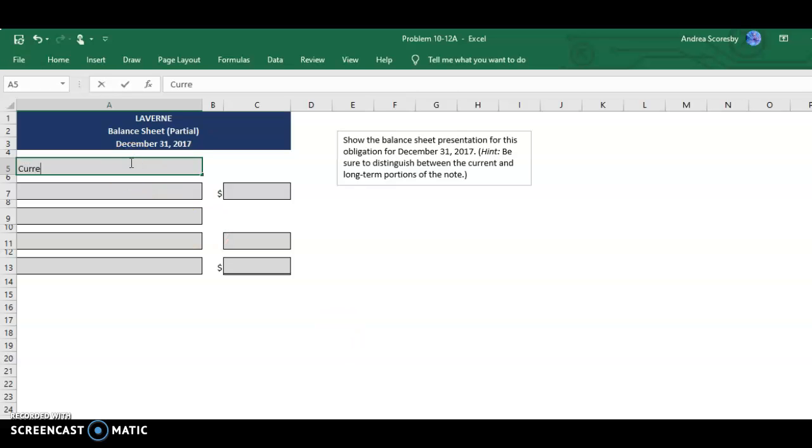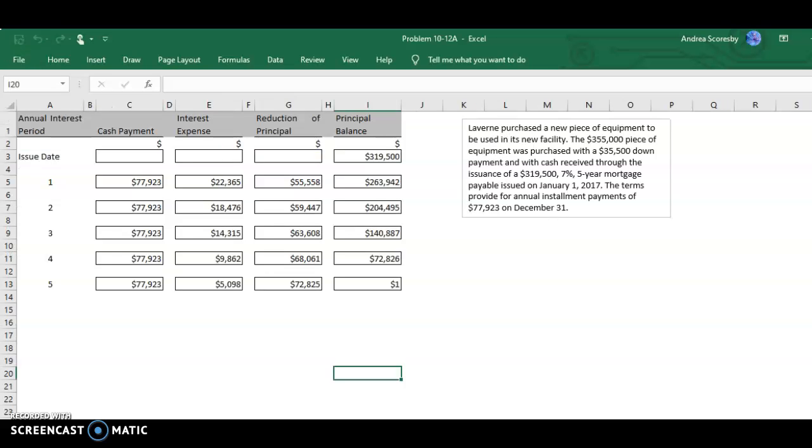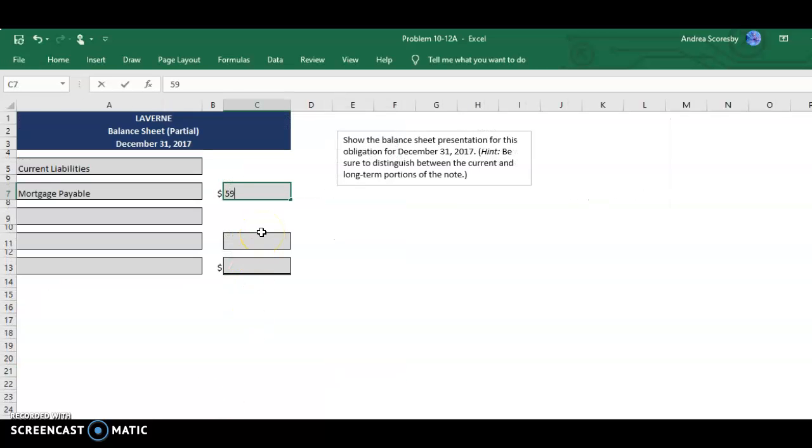So under current liabilities, since it's a mortgage payable, that's what we are going to show. Since we use the next year's amount, we don't want to use the first year's reduction of principal. We want to use the second year's reduction of principal, so that's going to be $59,447.